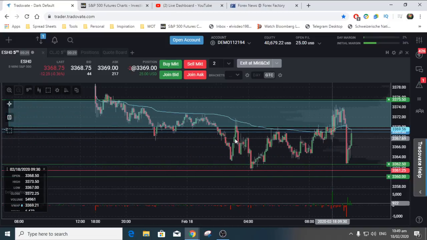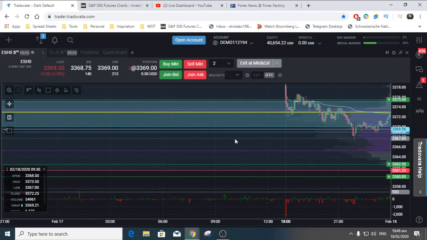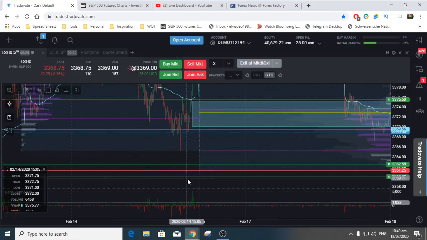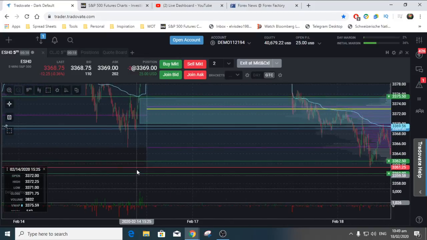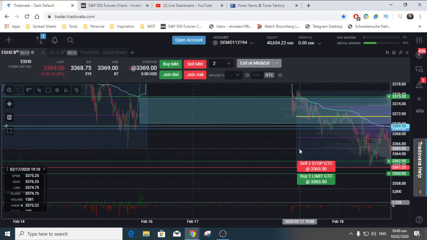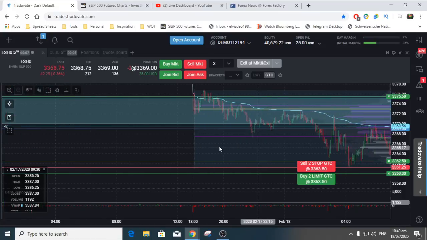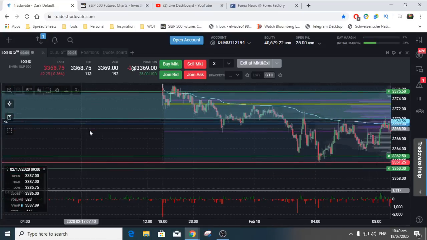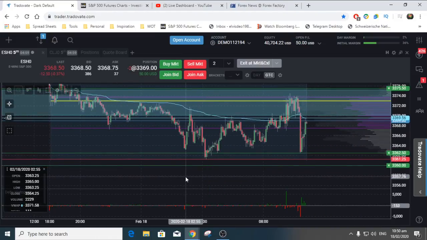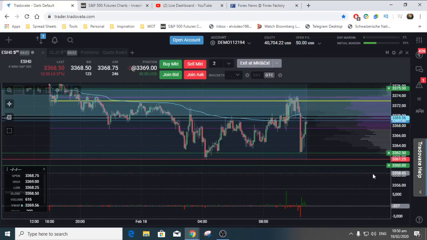And what we see in relative terms, the VWAP, the execution, for the continuation of the downside.